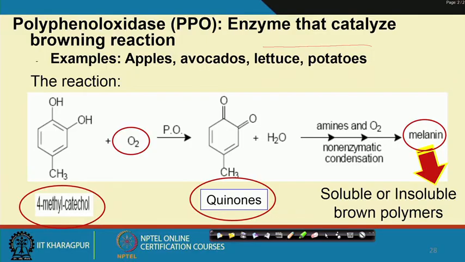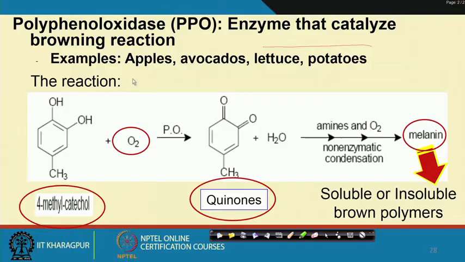There are many enzymes which are associated with enzymatic browning. One such is polyphenol oxidase. We cannot give all the examples because time is the primary thing; we have to finish up the course within the stipulated time.